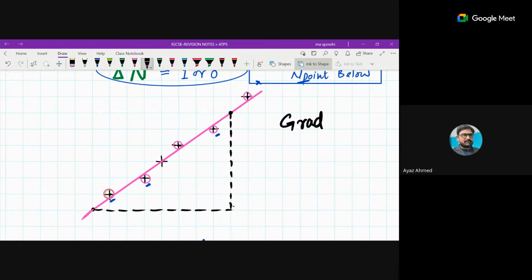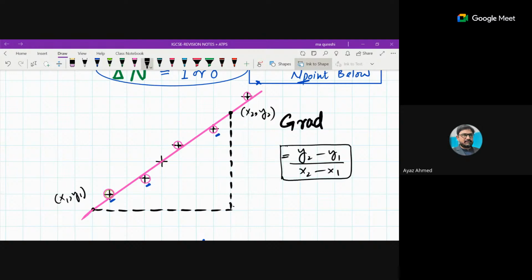First you will write the points: this is your x2 and y2 and this is your x1 and y1. So what will be the gradient? The gradient is y2 minus y1 divided by x2 minus x1.